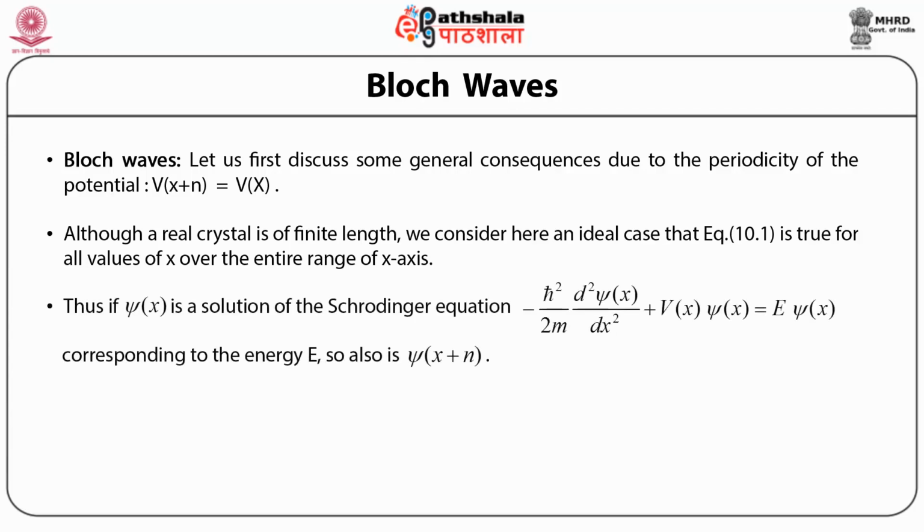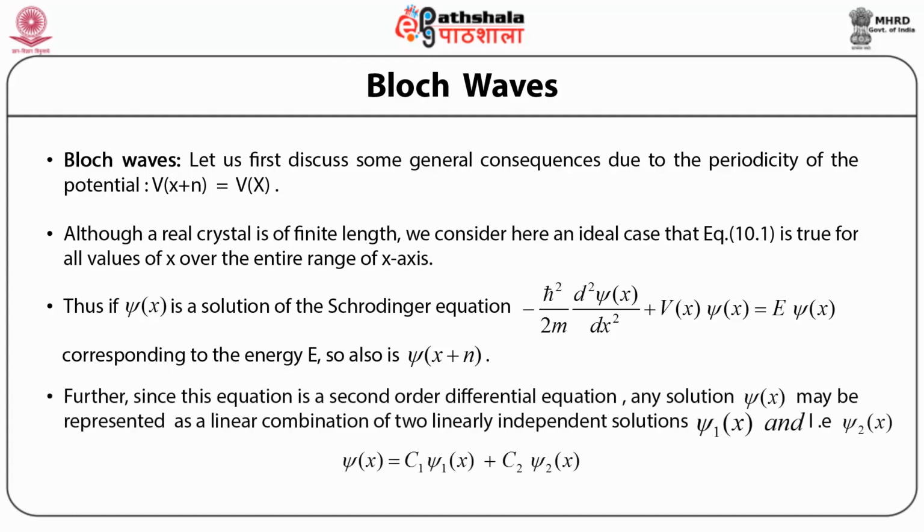Thus, if psi(x) is a solution of the Schrodinger equation, minus h-bar squared by 2m into d2 psi(x) by dx squared plus V(x) into psi(x) is equal to E times psi(x), corresponding to the energy E, so also is psi(x + a).